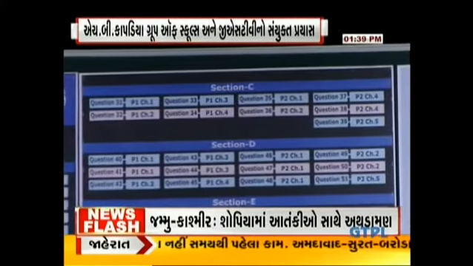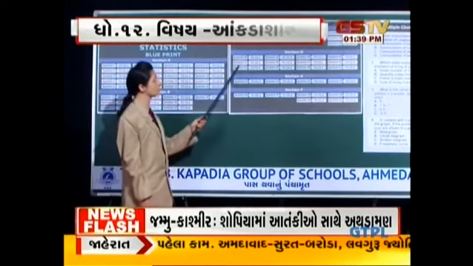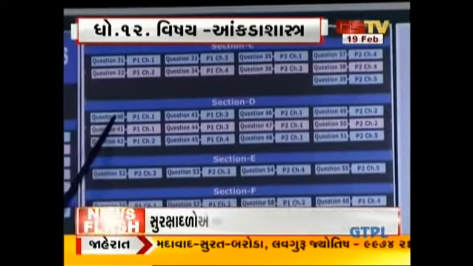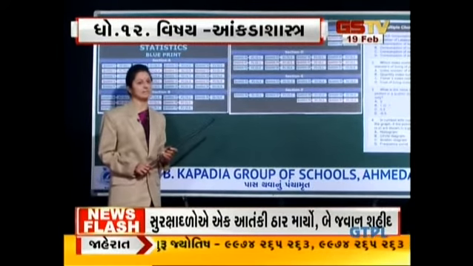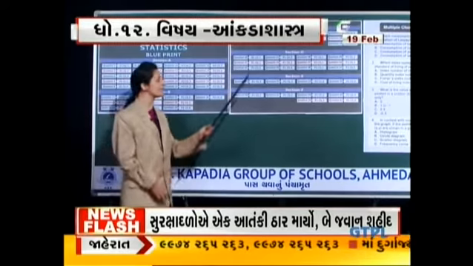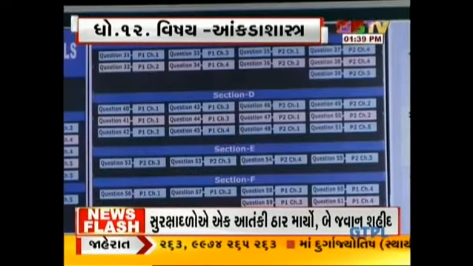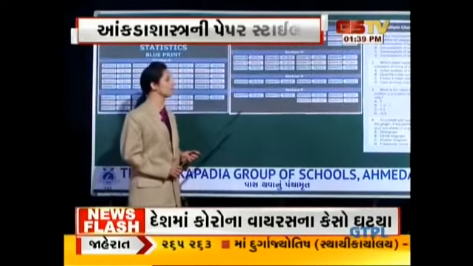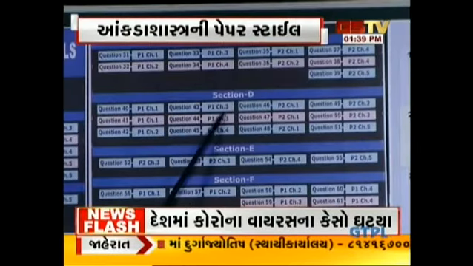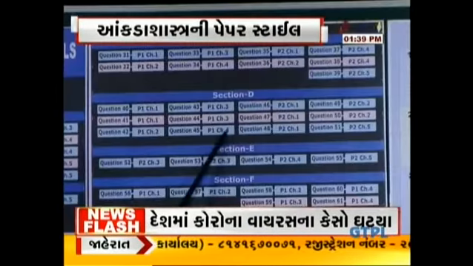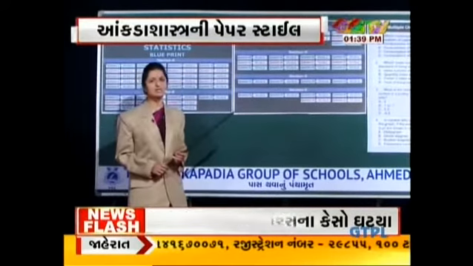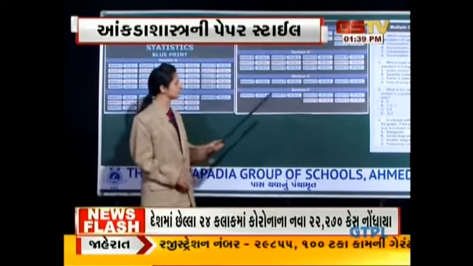Talking about section D, which is the 3 marker question, questions number 40 and 41 will be from chapter 1 of part 1, meaning you have 2 questions from index number. Chapter 2, linear correlation, you will be asked 1 question. Chapter 3, linear regression, you will be asked 2 questions. And chapter 4, time series, you will be asked 1 question.